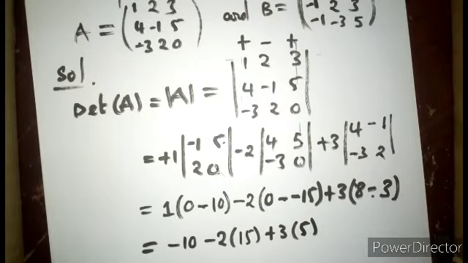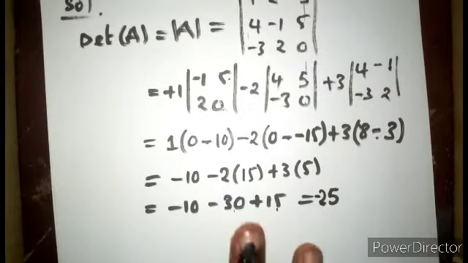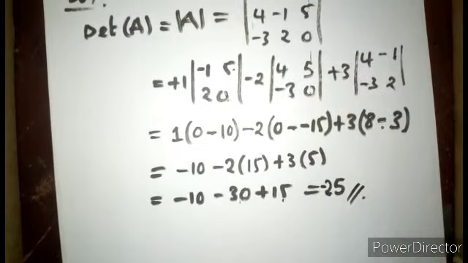That's minus 10, minus 30, plus 15. Minus 30 plus 15 is minus 15, and minus 15 minus 10 is negative 25. That's the determinant of A.